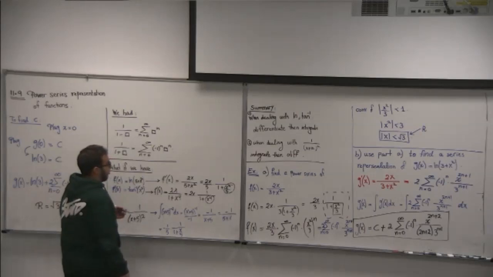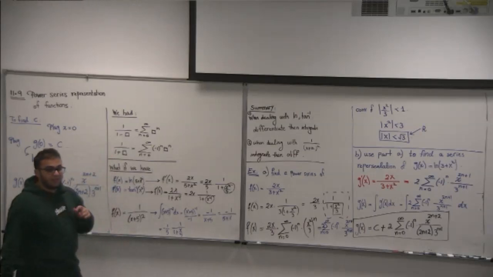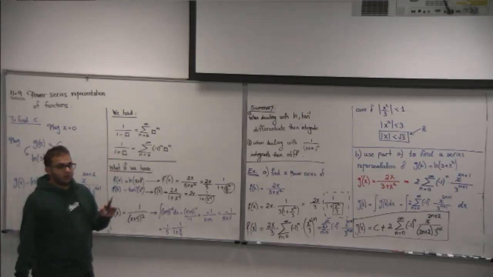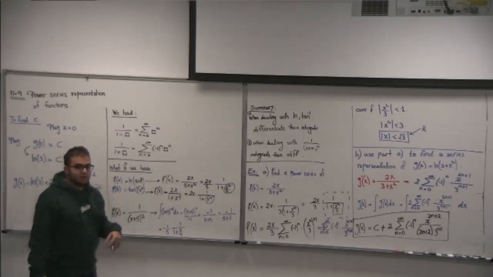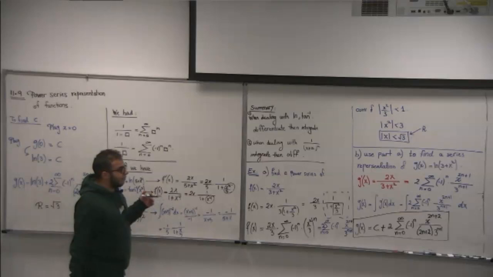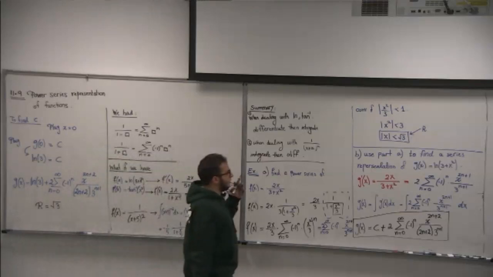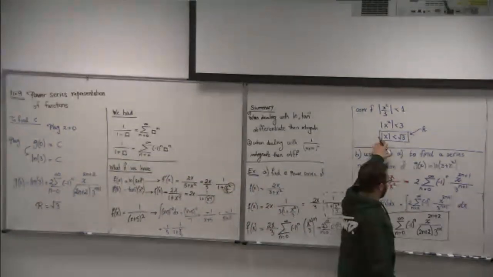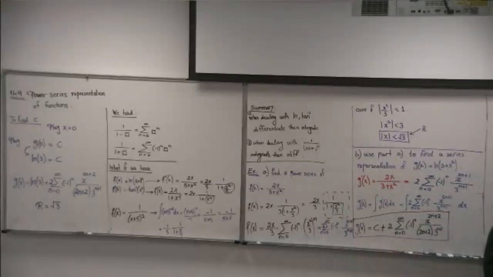Radius of convergence does not change by integration or differentiation. It does not affect it. If you integrate or differentiate the power series as many times as you want, the radius of convergence will not be affected. It will be the exact same. So the other one will be √3. Okay? I hope this is fine.